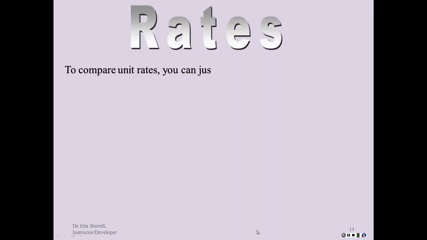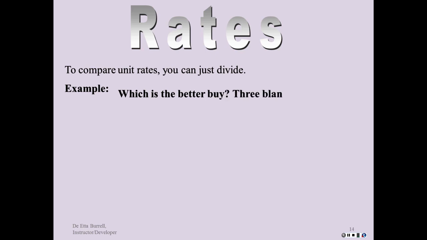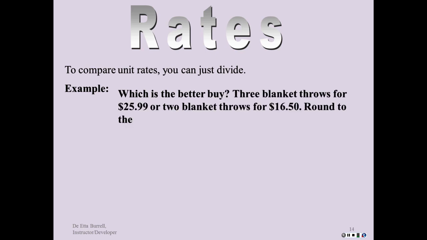Now, sometimes with rates, it's just a money thing. And when we have to just do money and we ask for the best buy, it's just a simple division. Take your rate and do the division, and then you can compare them. This is something we do as adults all the time.